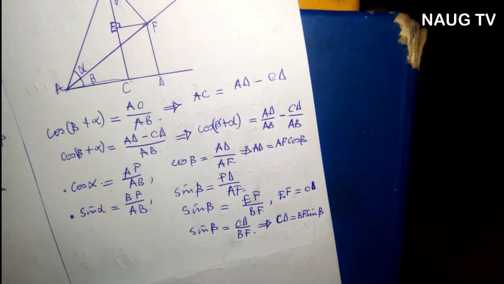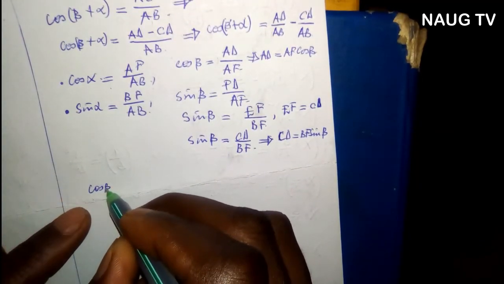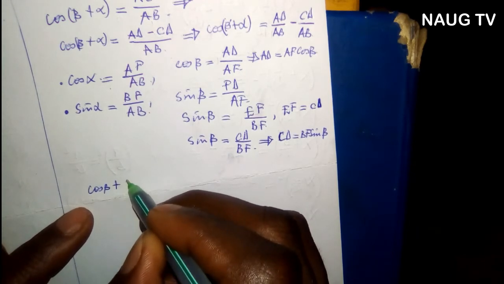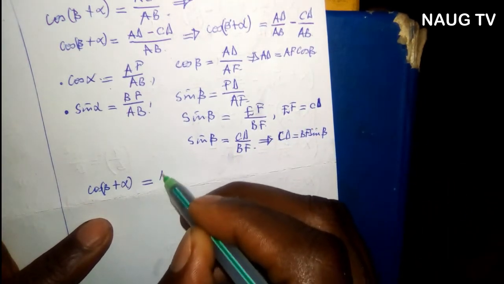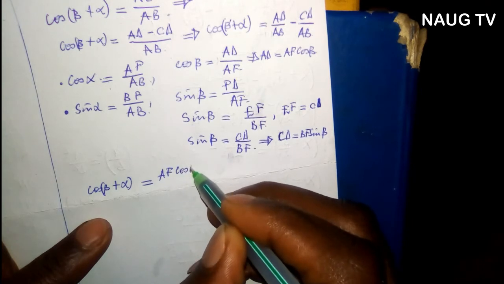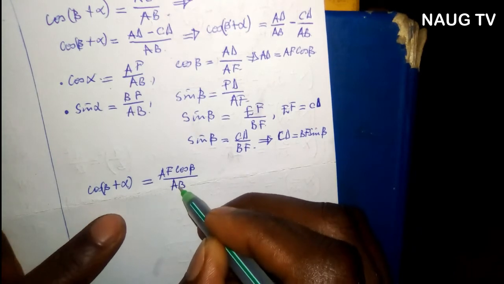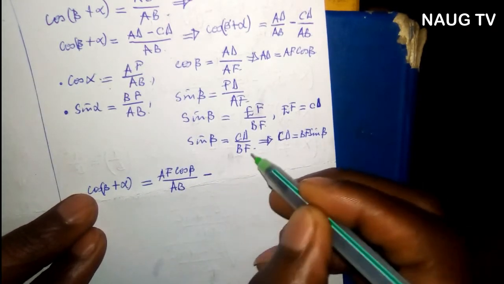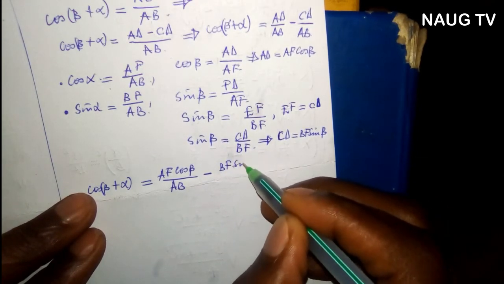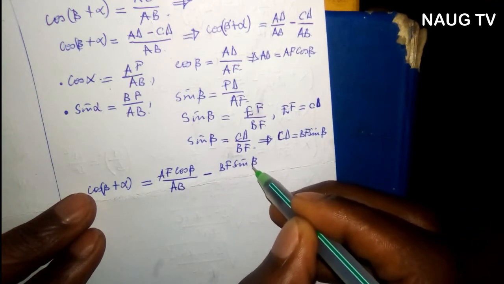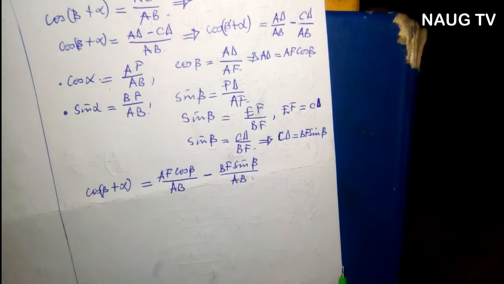This would give cosine beta plus alpha equal to AD, which equals AF cosine beta, over AB, negative CD, which is equal to BF sine beta, over AB.